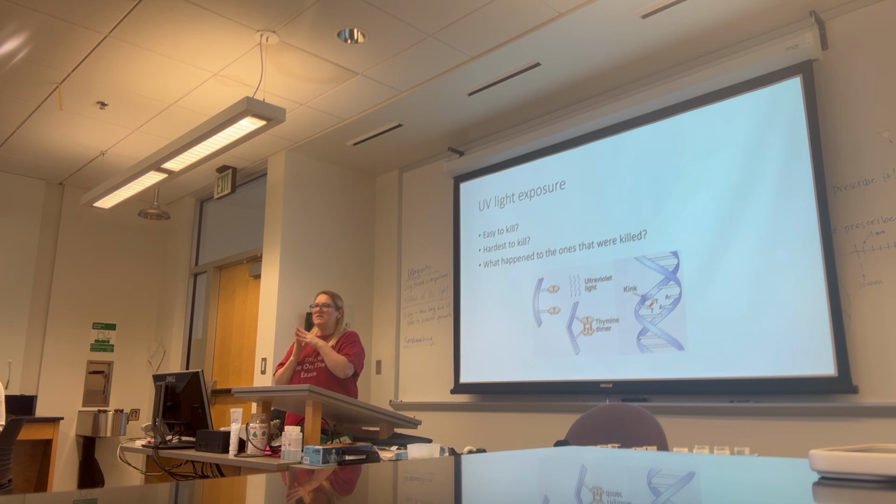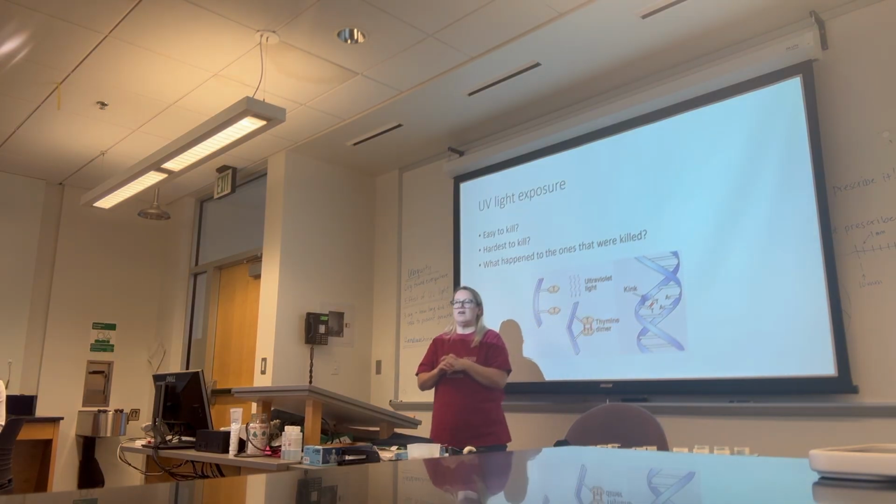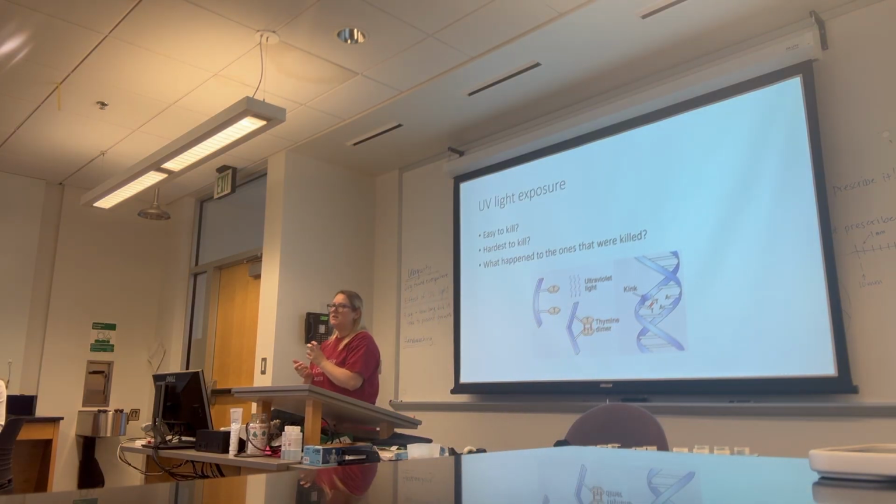If we have the choice of gram-positive, gram-negative, endospore former, which one is the hardest to kill? Endospore former, yeah. And the ones that are killed, how did they get killed? They got killed by damaging the DNA. That's all I really need to know. It's these thymine dimer kinks that cause the DNA to be damaged.